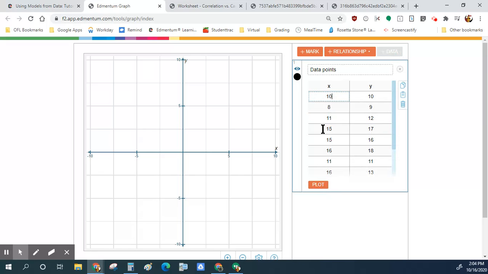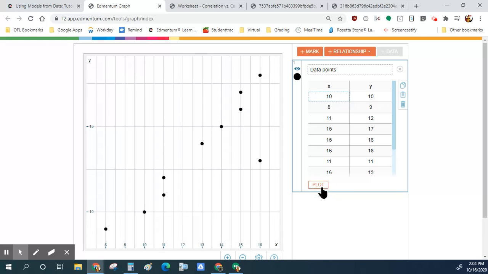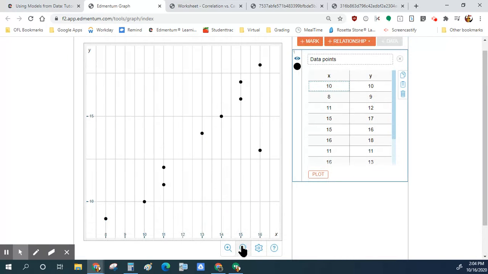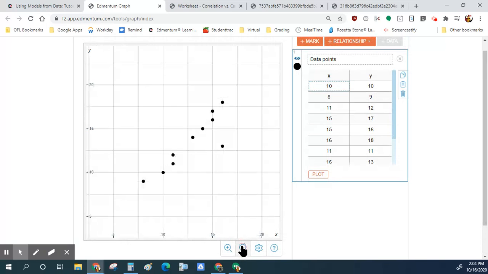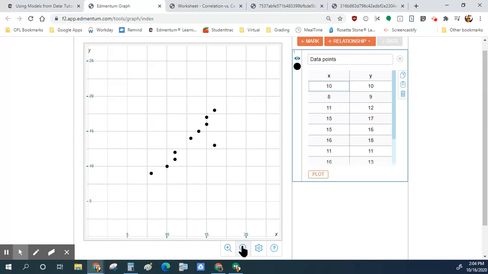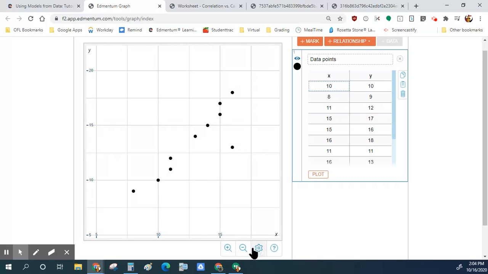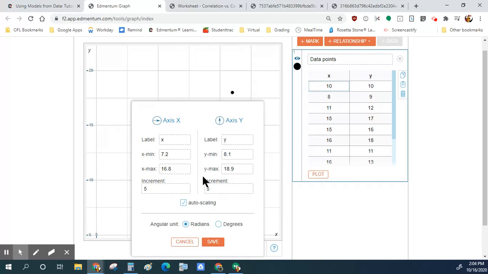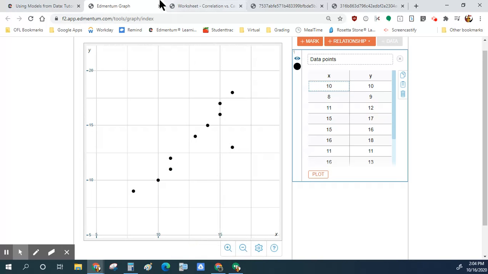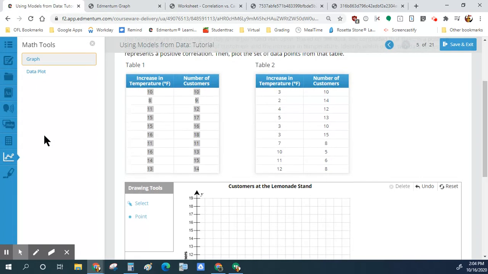You can copy and paste it onto a tool. So Edmentum actually has these really useful tools. And we can click plot, and we can actually see the dots here. I recommend zooming out so you have a better idea of what these dots look like. You can change the spaces here. So if you're a visual learner, this is a good way to go about doing it.